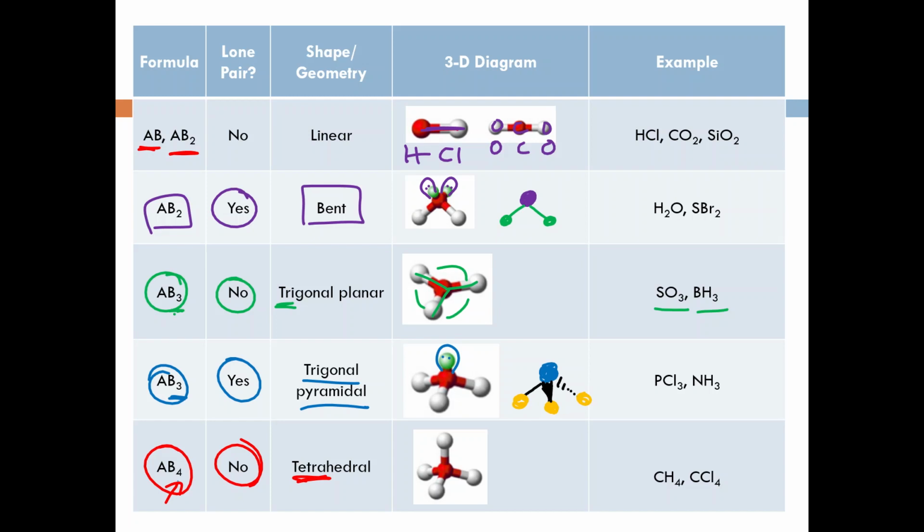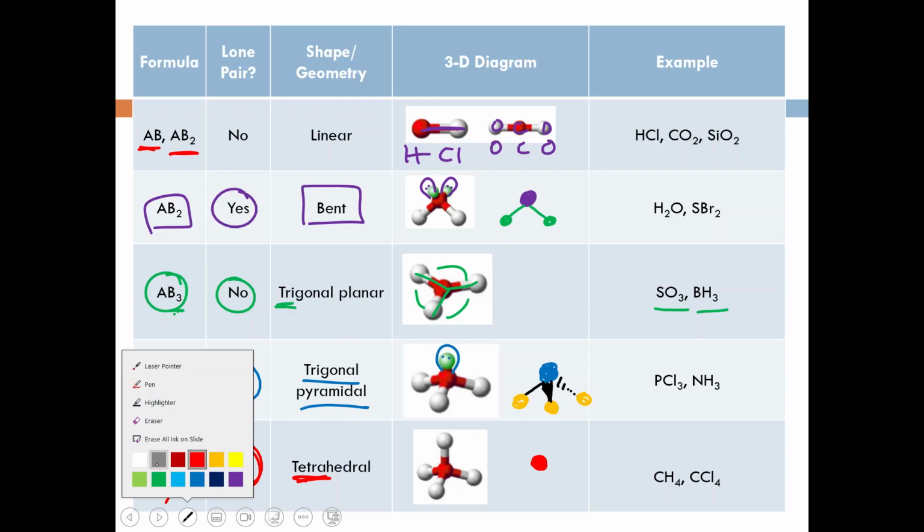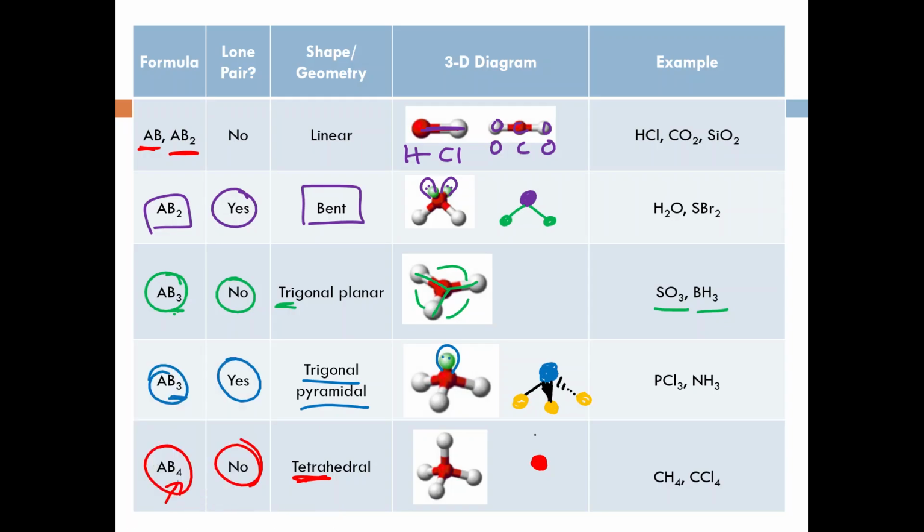Okay, so here I'm going to try my best. I'm going to put the one in the center here, and let me get my black going on here. So we have the one going up. We have one in the plane. We need to do the wedge, color it in a little bit, and then the dashes, like so.